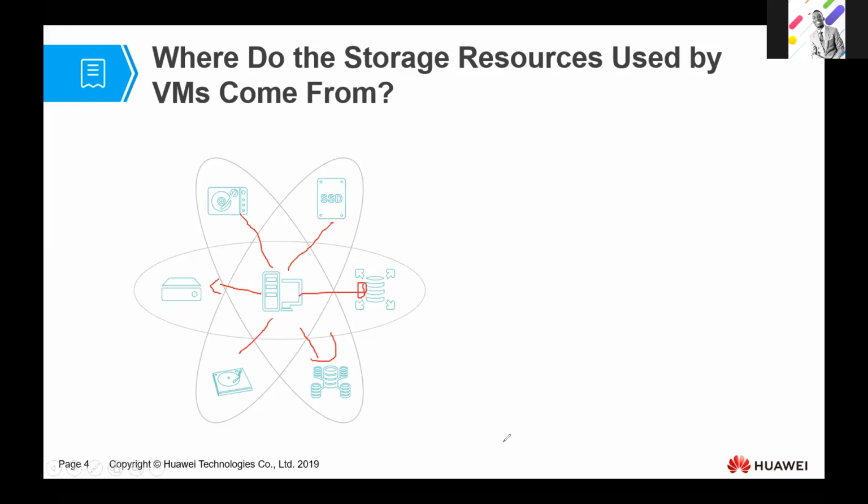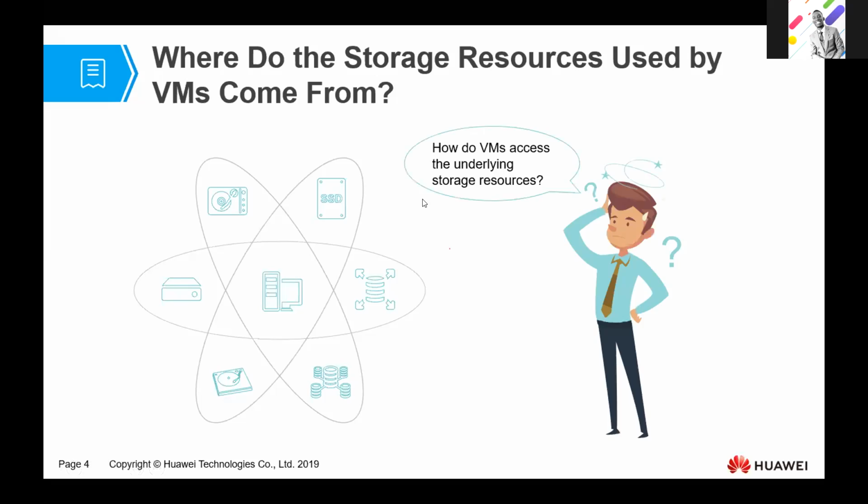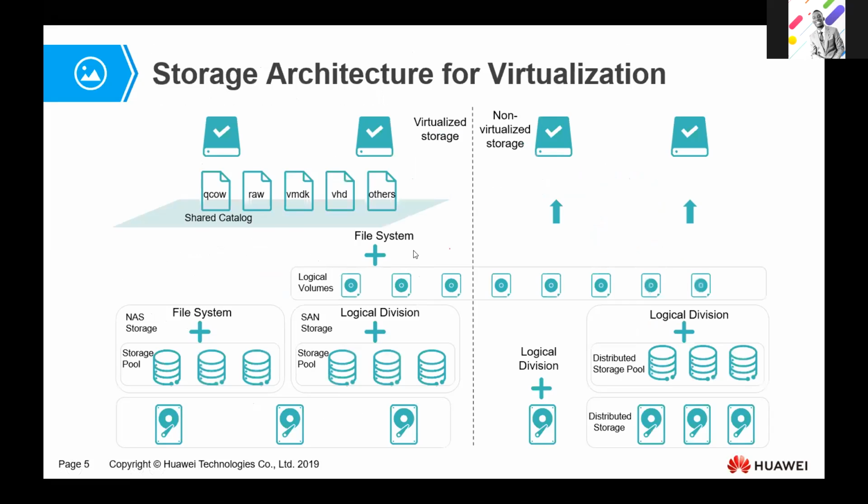So these are some of the storage devices where virtual machines could get their storage resources. How do virtual machines access the underlying resources? In your laptop where you create your virtual machines, there are underlying resources. Let us first look briefly at the storage architecture for virtualization. Don't feel that I'm throwing so many things at you. Worry not.